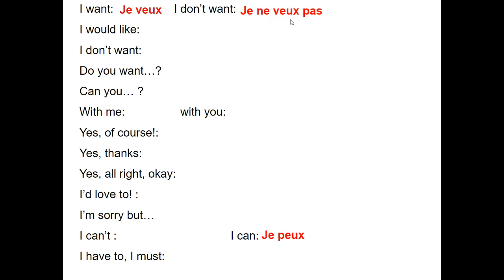And they sandwich the verb and that becomes your don't. Okay, so je veux, I want, je ne veux pas, I don't want. So ne and pas are the two little words we need to make something negative, and they sandwich the verb. And in this case, the verb is veux for want.